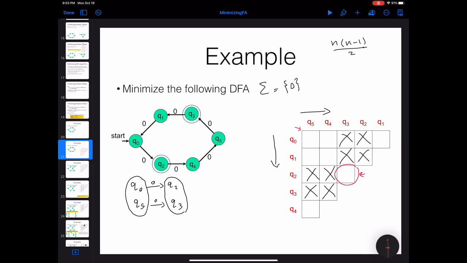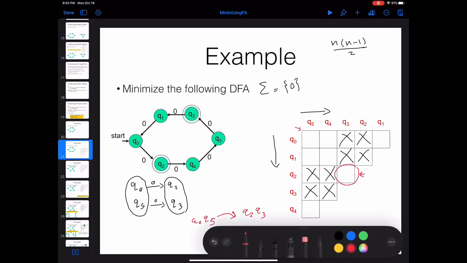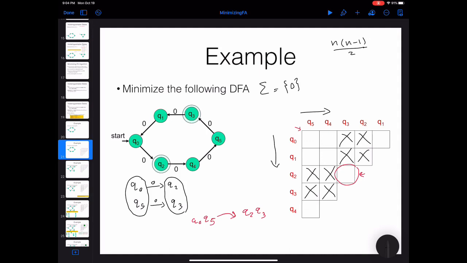So to make sure that I keep this information that I have learned, because I haven't reached the cell Q2 and Q3 yet, I'm going to just keep this dependency, the dependency of Q0 and Q5 on Q2, Q3, somewhere. Where to keep it? The easiest way is to just write it down simply here in this cell.